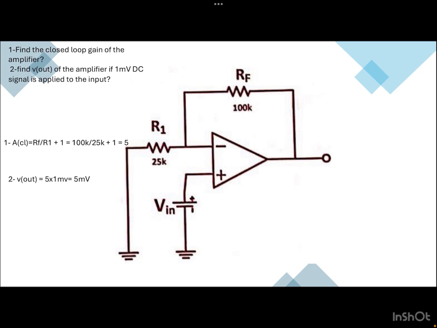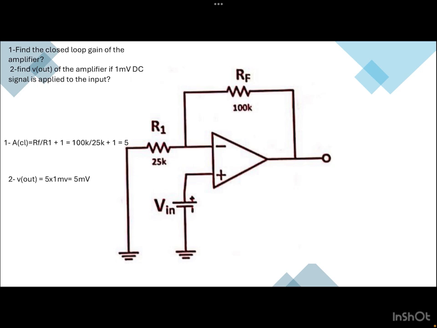We see here why this is a non-inverting amplifier: because Vin is connected to the plus side of the op amp. This is how the non-inverting circuit looks.